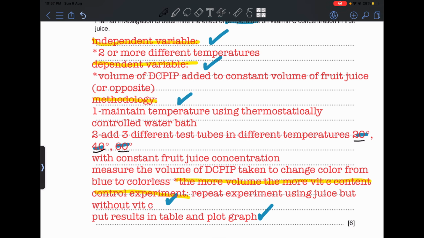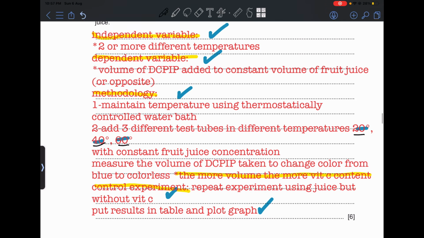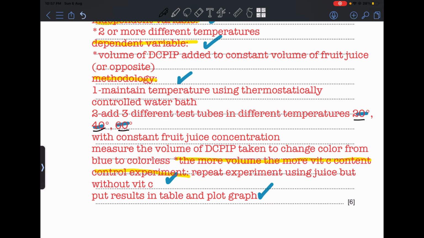So you must leave an equal gap between the temperatures so that it can be as accurate as possible. And you're going to add these 3 different test tubes at different temperatures with constant fruit juice concentration, or DCPIP.